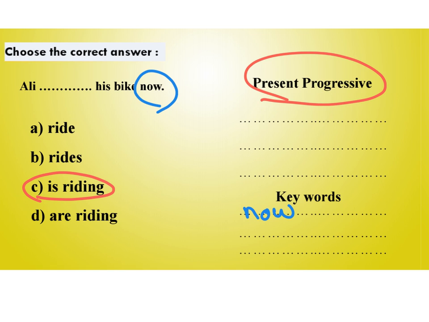Excellent. At the moment. Excellent. What else? This week, these days, next, tomorrow, and so on. And how do we form a sentence in the present progressive tense?